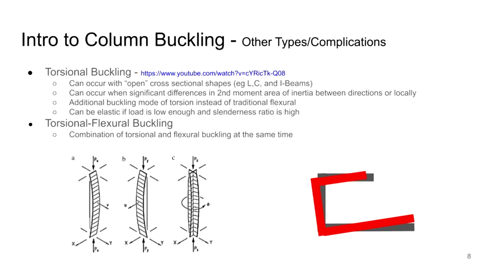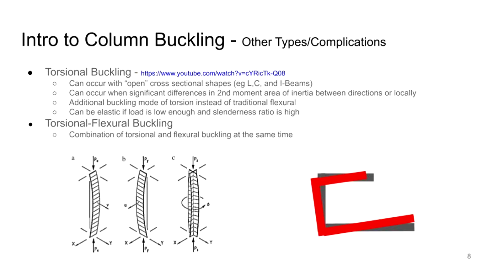So the bottom of the lower horizontal in that image has a very different stiffness from the top horizontal in that image. And this is a top-down cross-sectional view of a theoretical beam. And we get this mode of buckling that's torsional instead of the usual flexural mode of failure.